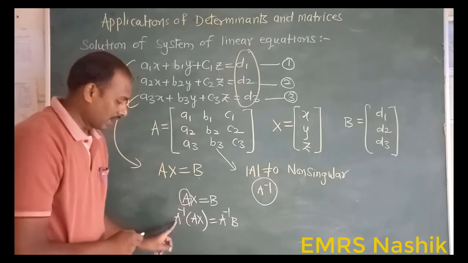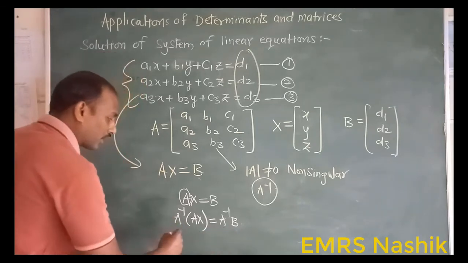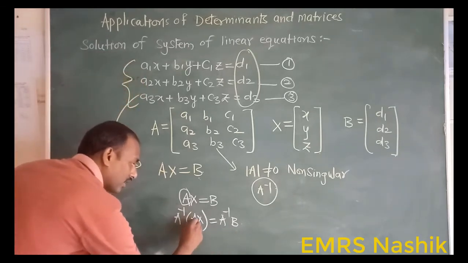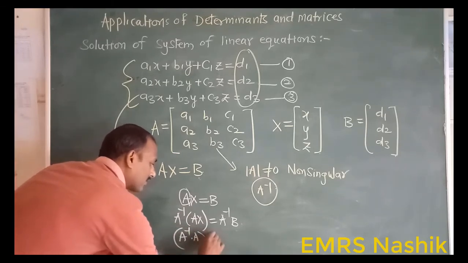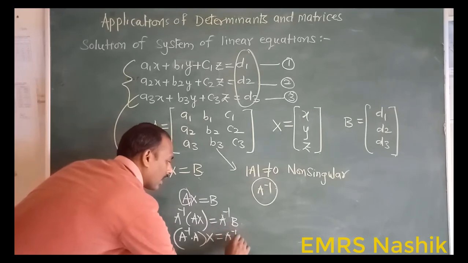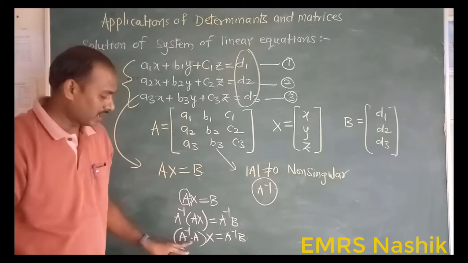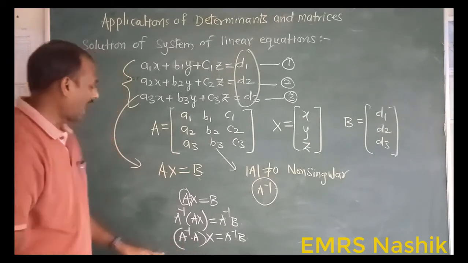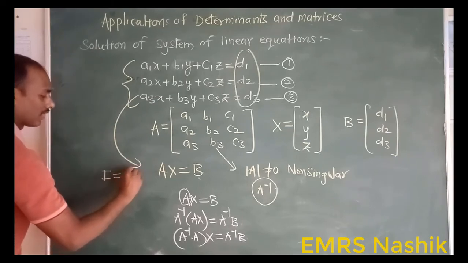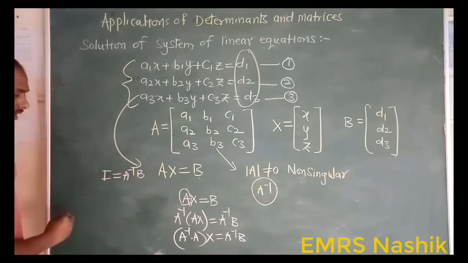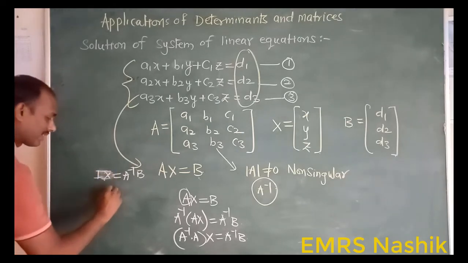So we are pre-multiplying this equation by A inverse. This gives A inverse of AX is equal to A inverse B. By the associative property, A inverse into A, into X, is equal to A inverse B. But we know that A inverse into A is simply I. So this is I into X is equal to A inverse B, so X is equal to A inverse B. So what is X?